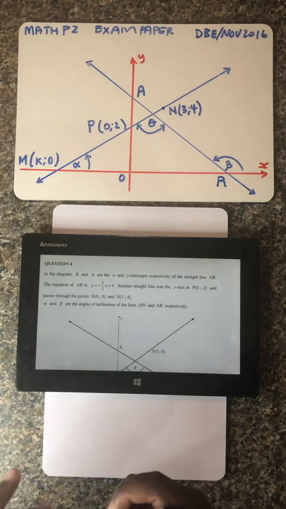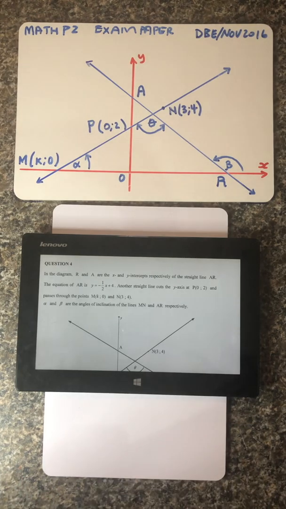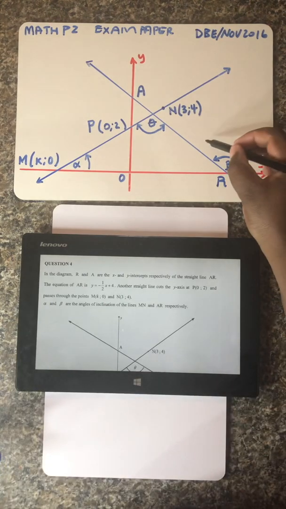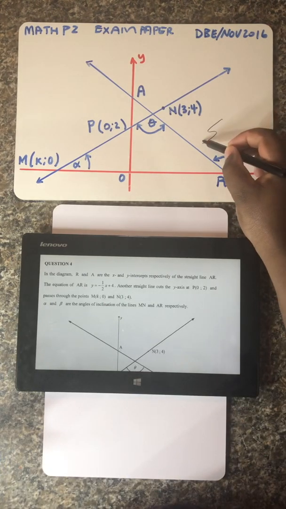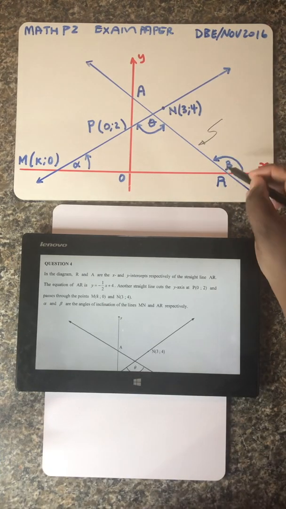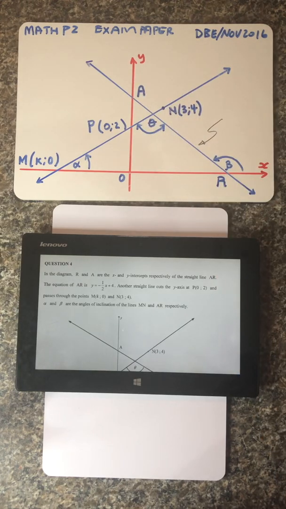So guys, when you're given this kind of information, you immediately note it on this diagram. So the equation for straight line AR is given as y equals -1/2 x plus 4.